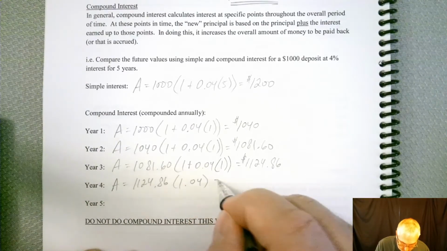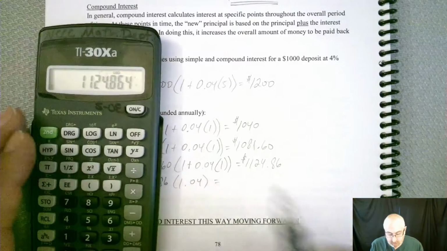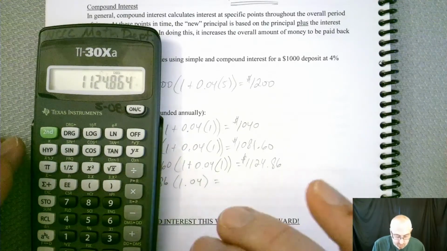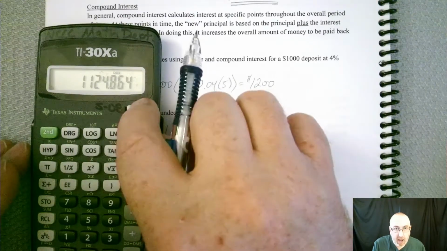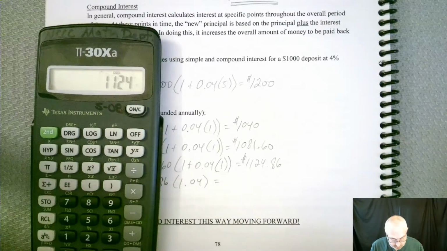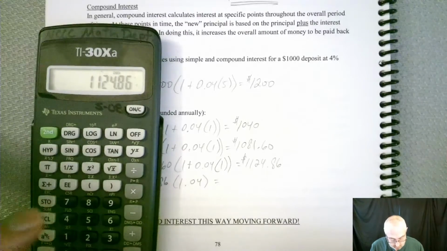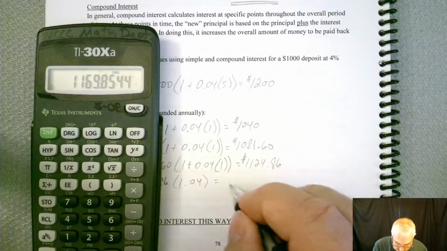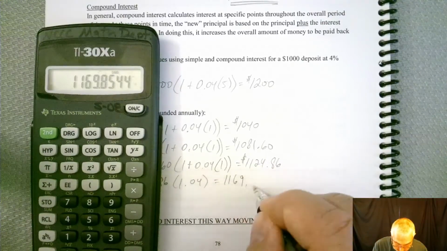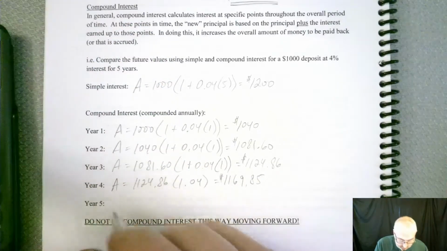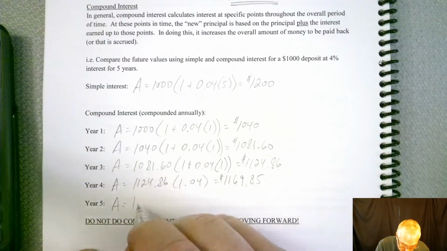I'm just going to say 1.04. So now if I leave this whole thing in there, that's probably going to be a little bit more precise. So let's not. Let's use the rounded version and see what, if anything, happens. Okay, so times that by 1.04. So we get 1169.85. And now we can use that for the last year.